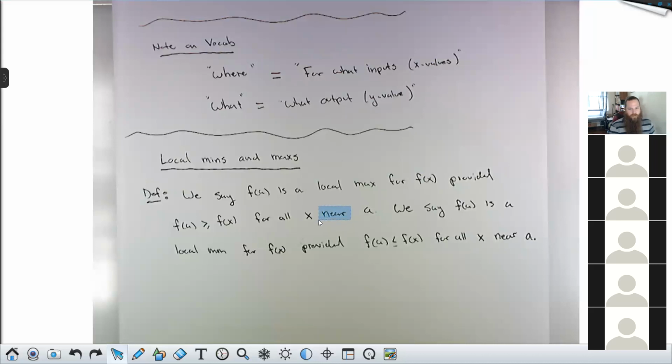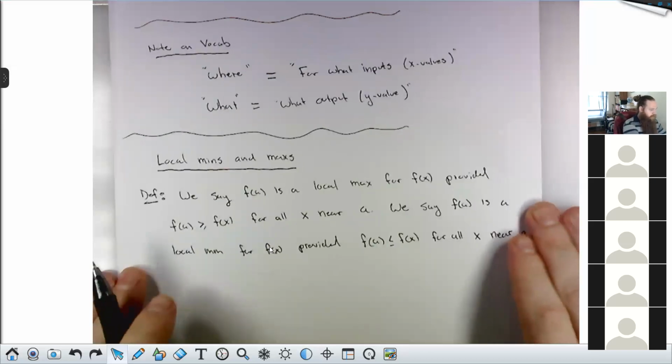The word near, what do we mean by near? This is one of those words that mathematicians like to use, but it carries a lot of ambiguity until you understand generally what's meant by the word near. It means there is some open interval centered at a, however small, such that this inequality is true everywhere on that interval. So let me draw for you the picture here.